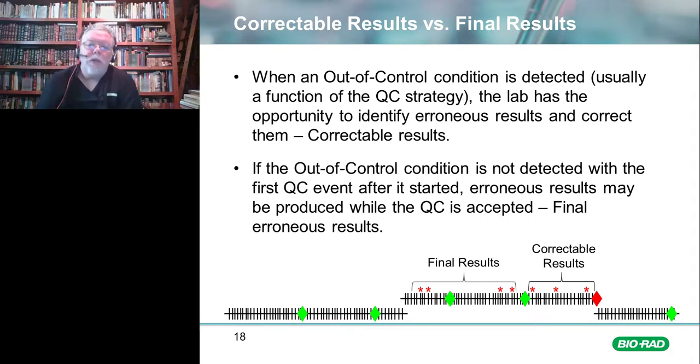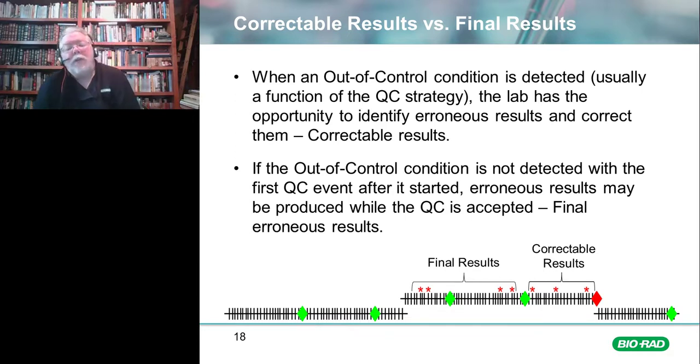So erroneous results that are produced prior to an accepted QC are final. We're never going to have the opportunity to correct them. And so we can see we continue testing because we don't realize there's a problem. And then finally, after the second QC event, we finally have a QC rejection.